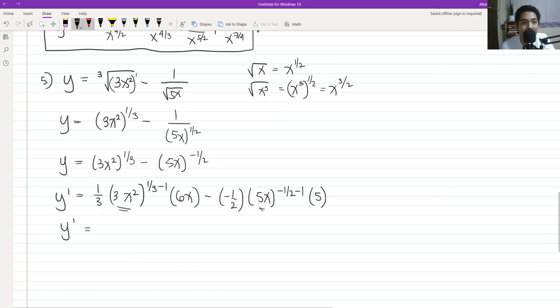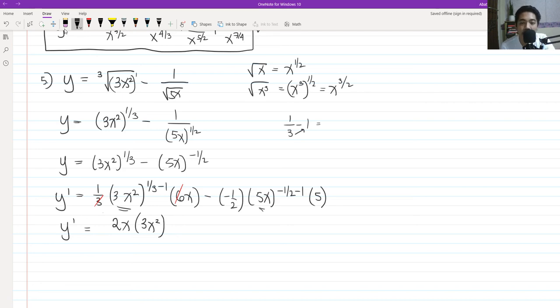But we can do the cancellation in this 6, because both of them have an exponent of 1. So 6 divided by 3 becomes 2x. Then multiplied by 3x squared raised to 1/3 minus 1, which would be 3 times 1, that should be 3, minus 1.